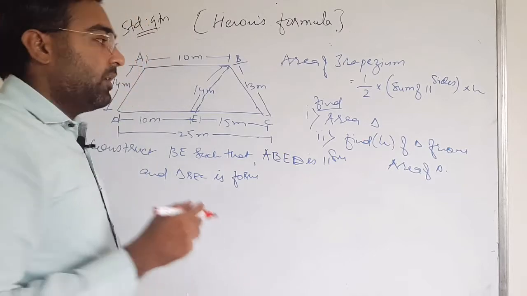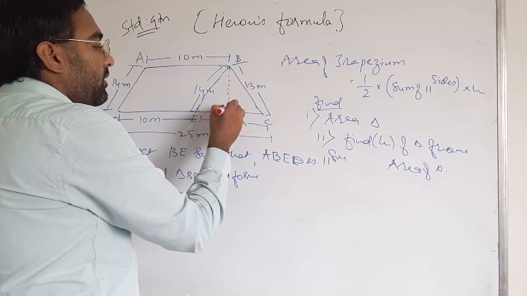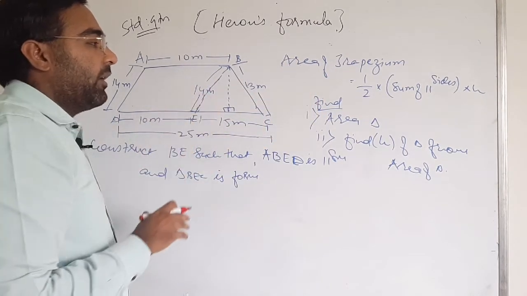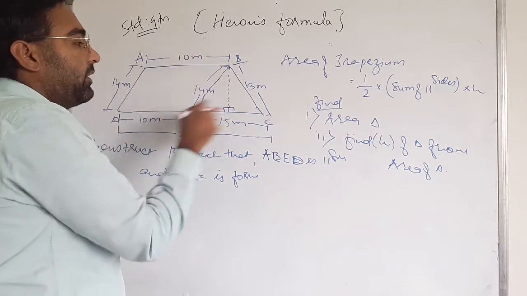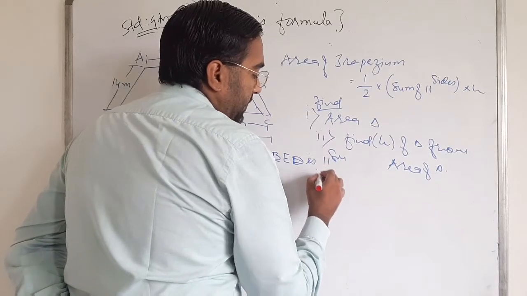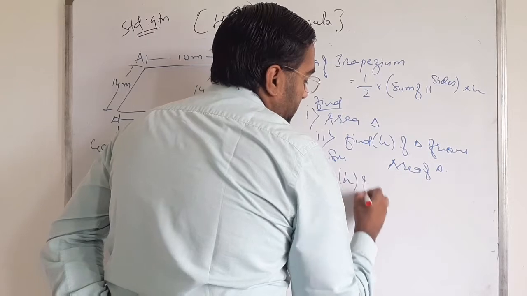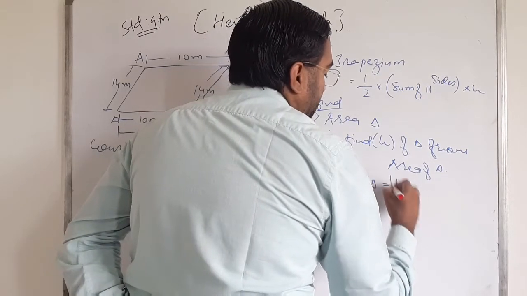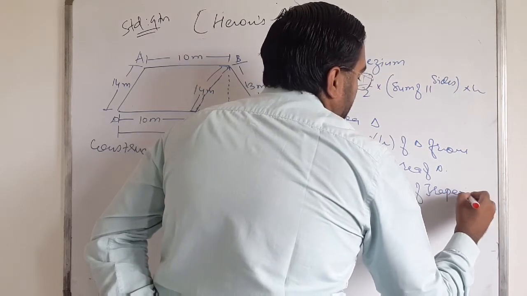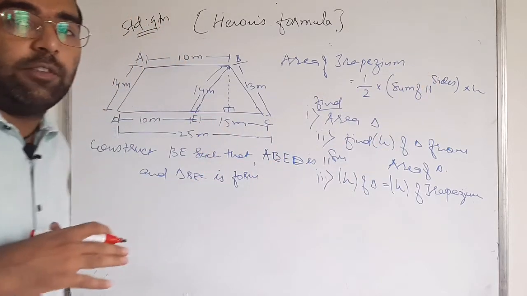The height of the triangle and the height of the trapezium are equal, because this height is also contained in the trapezium. So the height of the triangle is also equal to the height of the trapezium, and then we take this height into the formula and find the area of the trapezium.